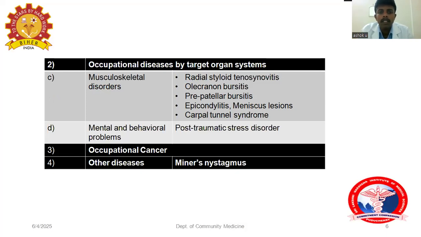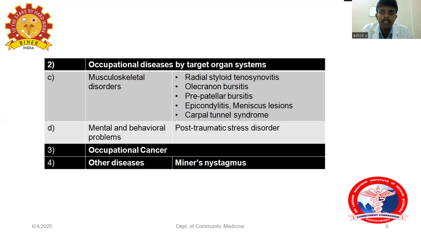Coming to occupational diseases by target organ systems, that is musculoskeletal disorders. We have radial styloid tenosynovitis, olecranon bursitis, prepatellar bursitis, epicondylitis, meniscus lesions, carpal tunnel syndrome, and we have mental and behavioral problems like post-traumatic stress disorder, PTSD, which is the main issue right now with most occupations where everybody is under a lot of stress, resulting in a traumatic stress disorder.